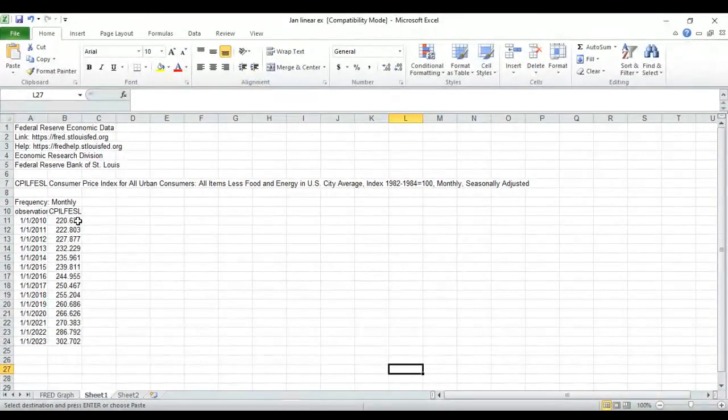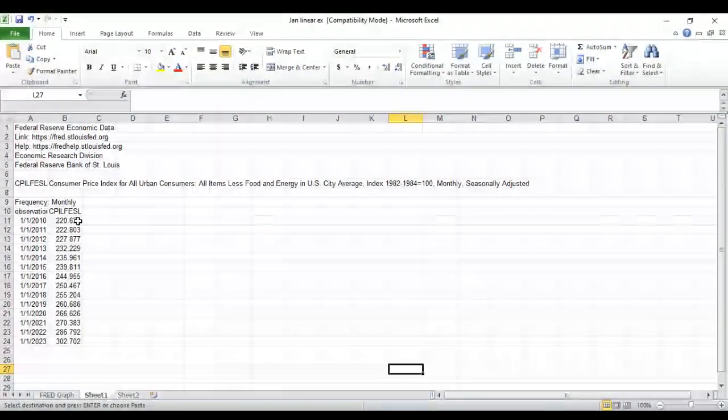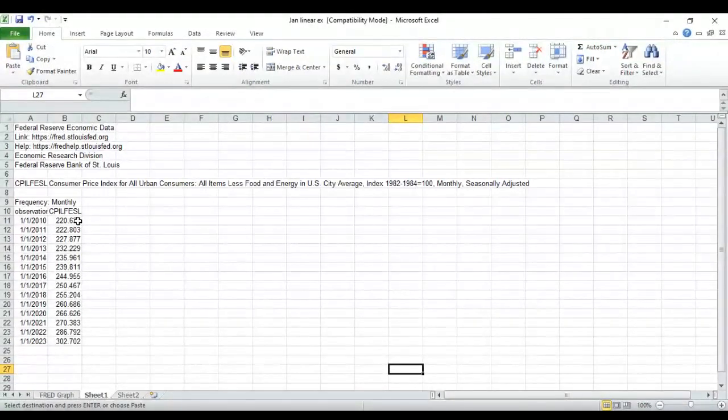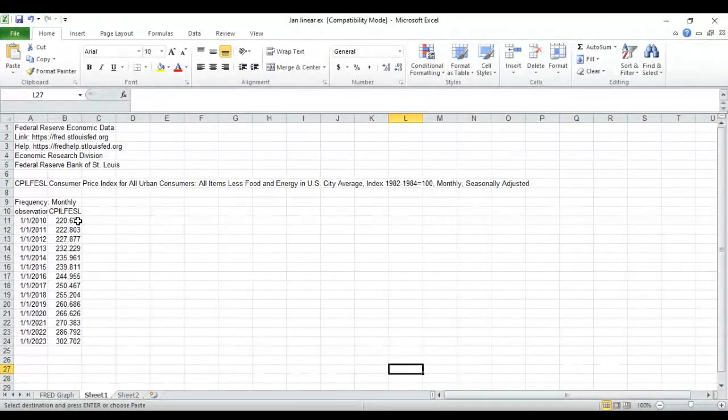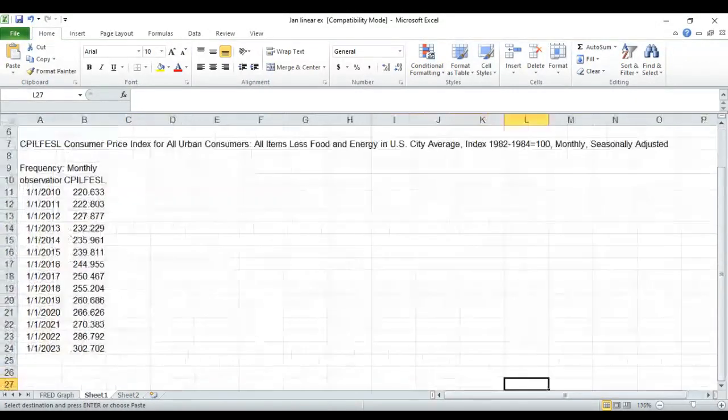There's a number that is figured out to be the consumer price index, and I wanted a real life example. So this is what I picked, from 2010 to 2023, and the CPI numbers I picked are always the ones from January.